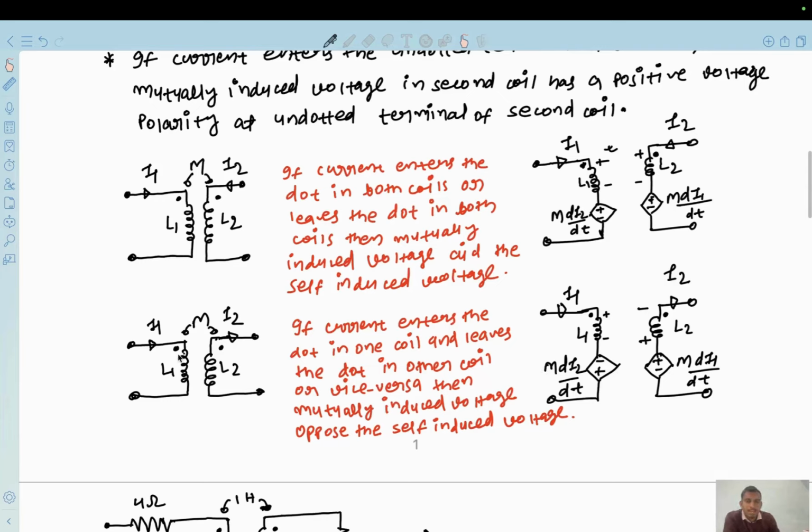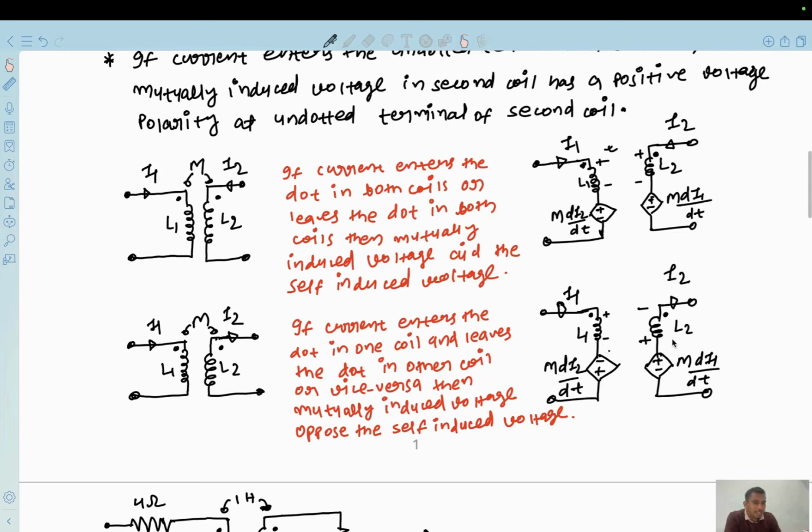In the other case, if current enters the dot in one coil and leaves the dot in the other coil, then the mutually induced voltage will oppose the self-induced voltage. How? Let us see here. This plus minus is the polarity of self-induced voltage.